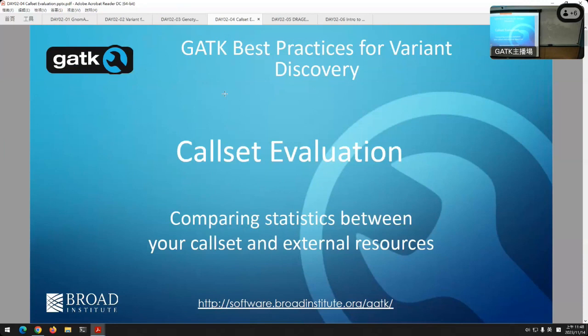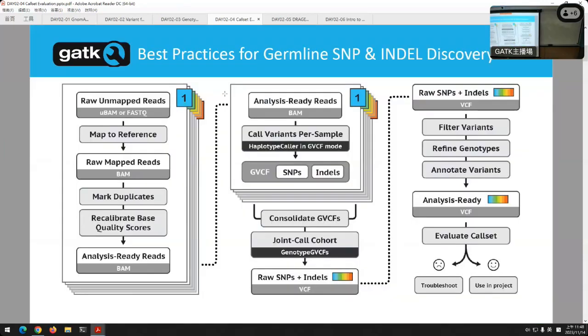Okay. So at this point, we've pretty much gone through all the best practices, right? We've got our raw reads, we've mapped them, we've taken care of our duplicates. We actually went in, did the haplotype caller. Maybe we went in as well, did some joint calling, filtered our models, and we're done, right? All go home.